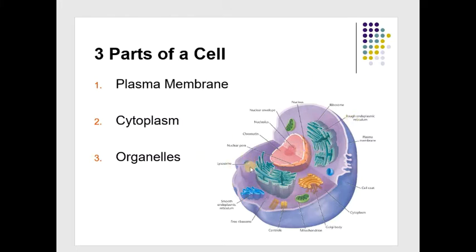The cytoplasm is the goo jelly that makes up the inside of the cell and carries all of the organelles. The organelles are the mini organ systems of the cell that keep the cell functioning and running.